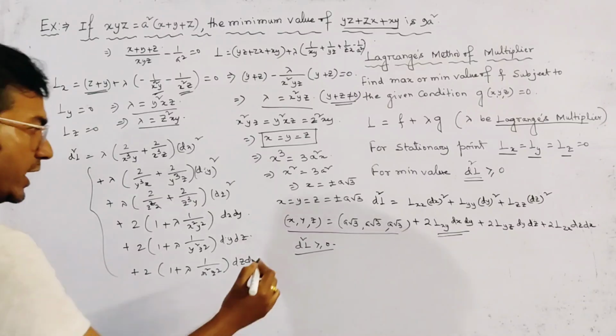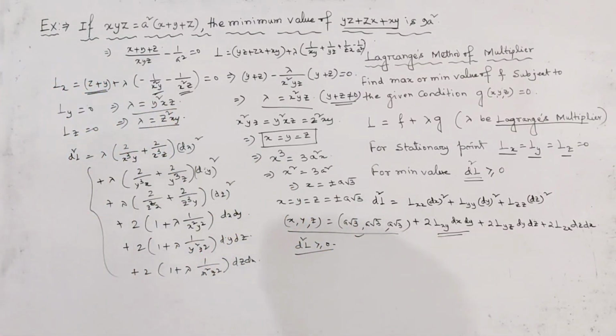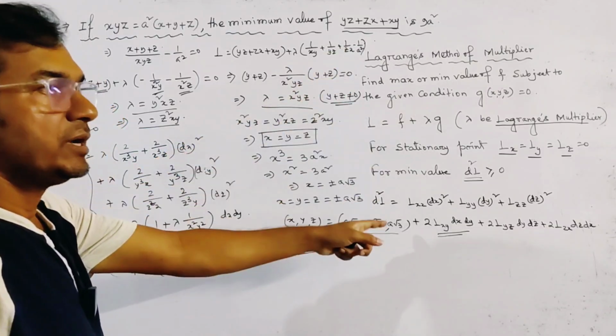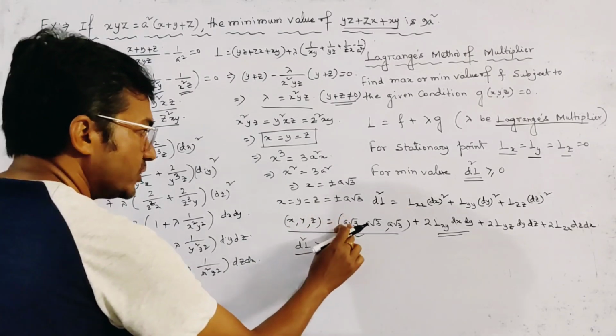So at that point the function must be minimum, by the condition of the Lagrange multiplier theorem. The minimum value is given by putting the values of x, y, z.